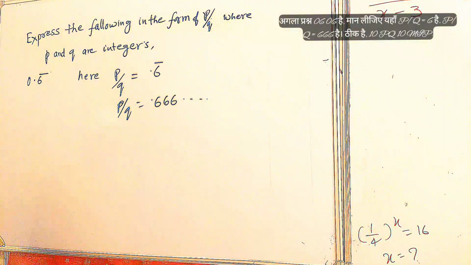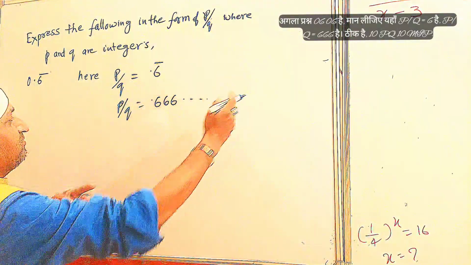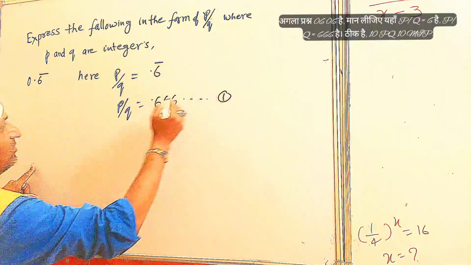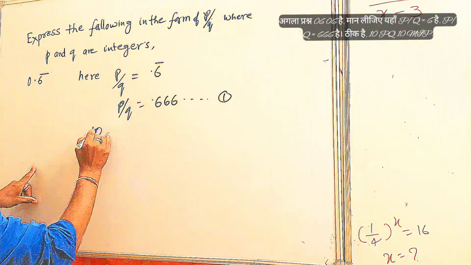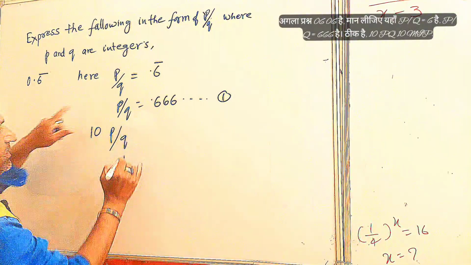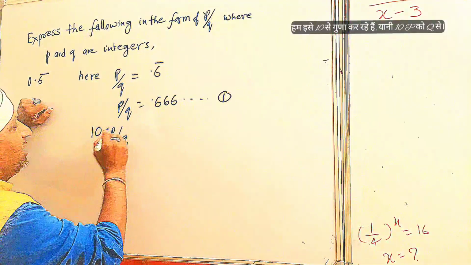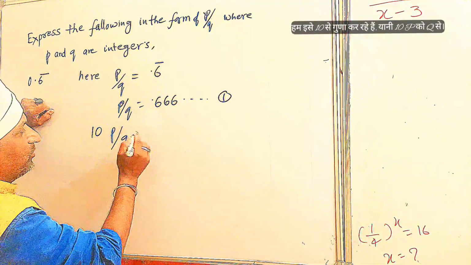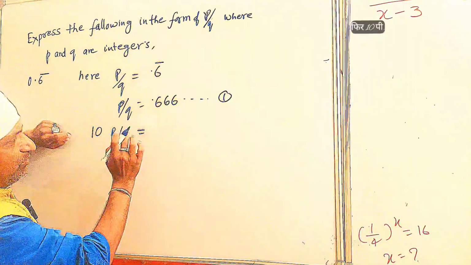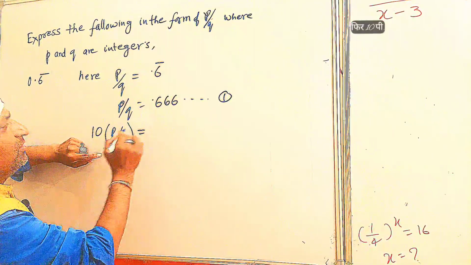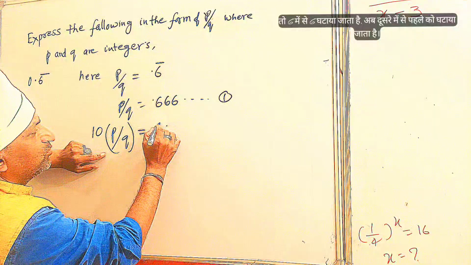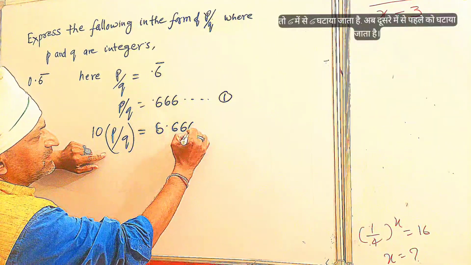Okay, bar में it is equation number 1. We are multiplying 10 over it. 10 P by Q is equal to 6.666.